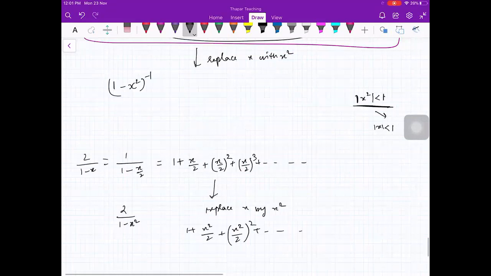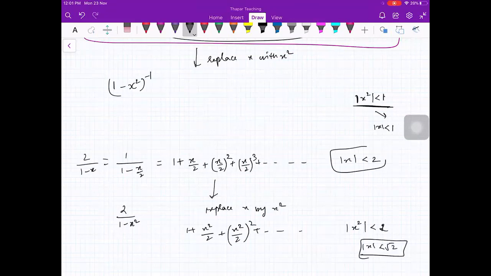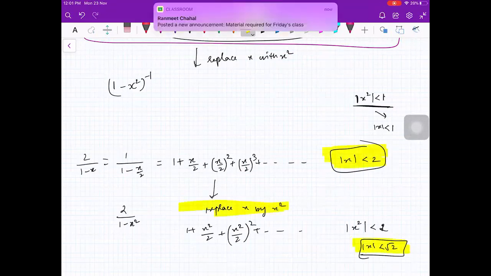But here the condition is mod x should be less than 2. So here the condition will be mod x square less than 2, so you'll get mod x less than root 2. So conditions will change. Is that okay? Whenever you substitute, you will put the condition on the new variable.